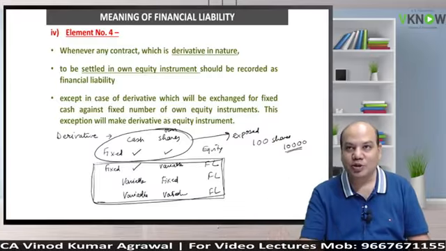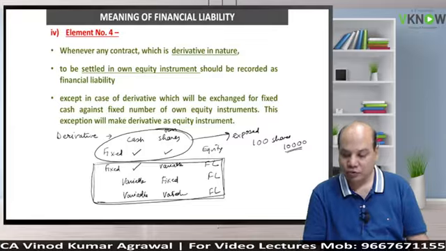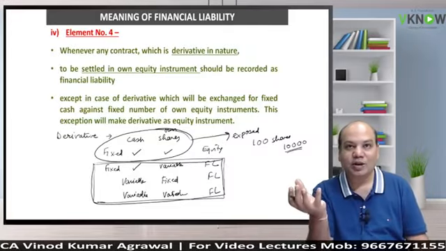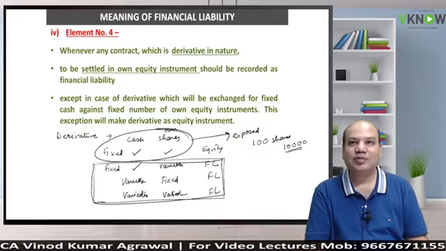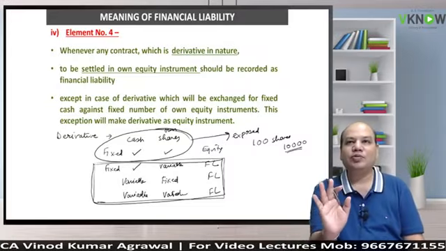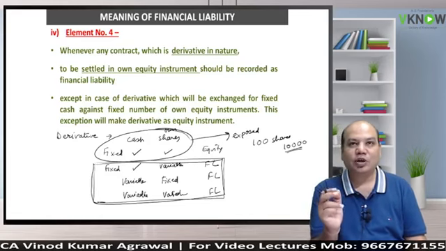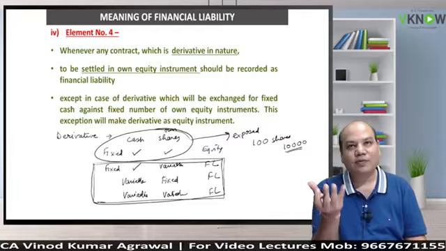If the price of the share falls, you will suffer the loss. So when it is fixed to fixed, the counterparty is exposed to the risk. Yes or no? If I give you a fixed number of shares against a fixed amount, are you not exposed to the risk? Because my share price can fluctuate.